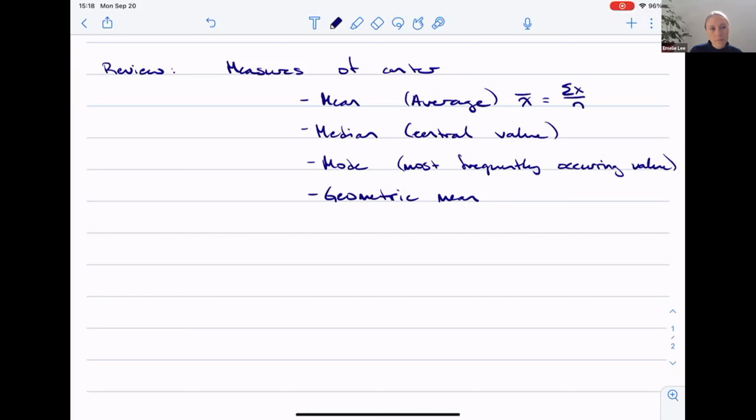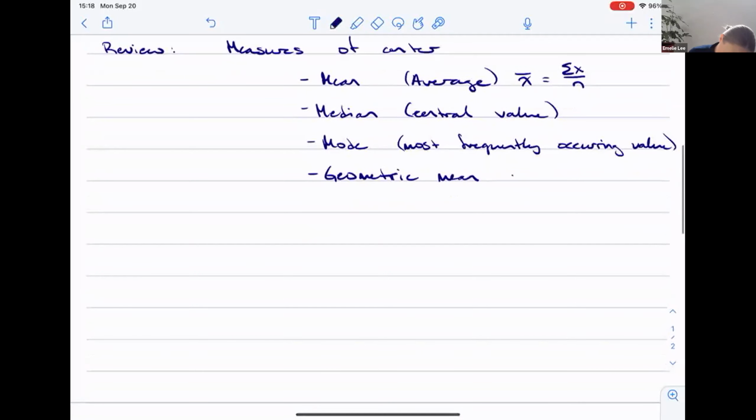Okay. Whereas the geometric mean, we denote by a little subscript g, because that's unusual, right? Typically, if we're talking about the mean, we're talking about this mean here, the arithmetic mean, but the geometric mean is going to be, we didn't talk about product notation. So how do I write it?